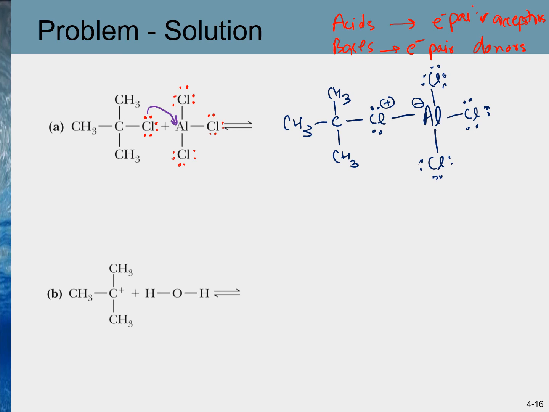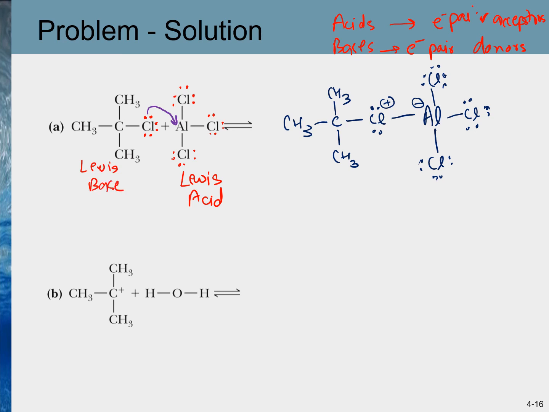Okay, so now we know aluminum is the acceptor, so aluminum is the Lewis acid and alkyl halide is the electron pair donor. So this alkyl halide is a Lewis base.